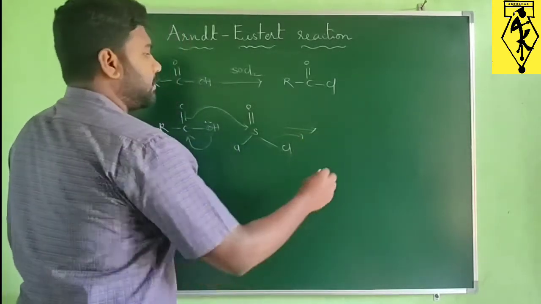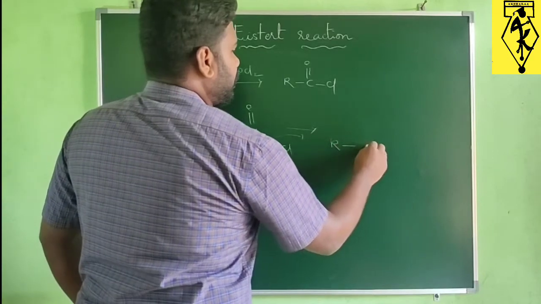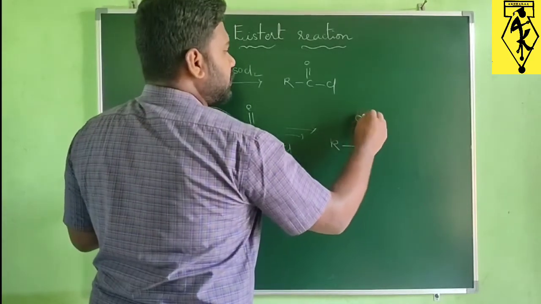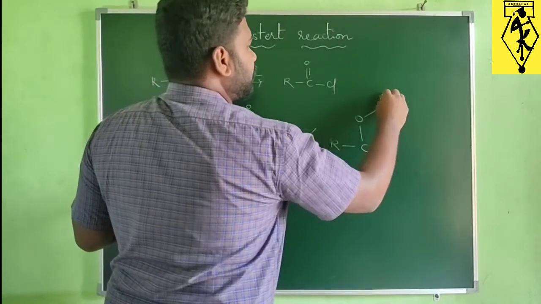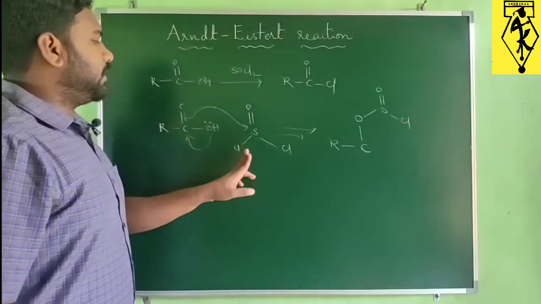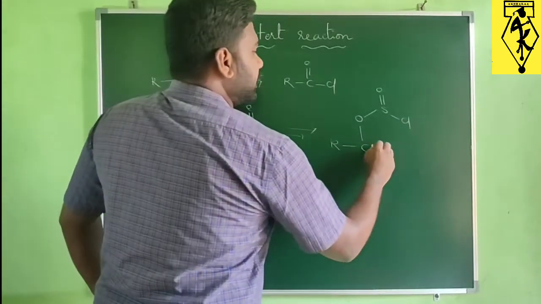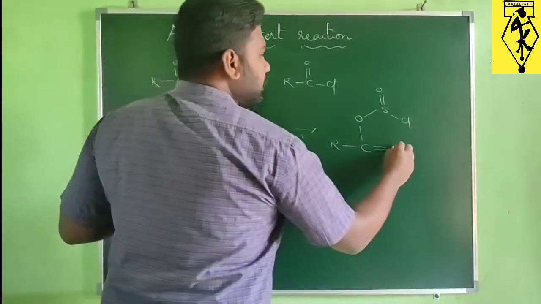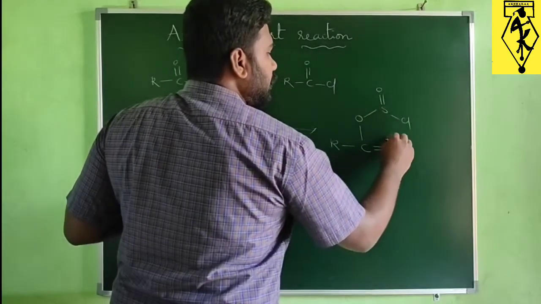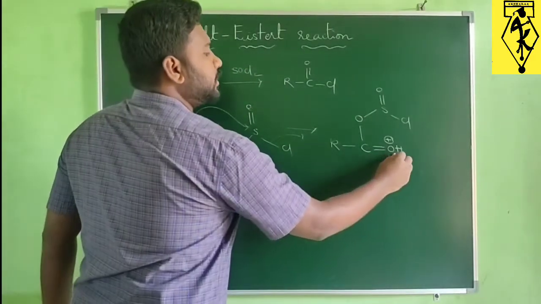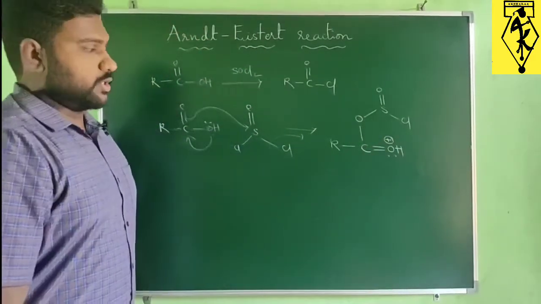It will result in an R-C single bond to oxygen that is connected to sulfur, and sulfur lost one chlorine, so only one chlorine is left. Here, because of the delocalization of oxygen, a double bond will form, and OH plus here, because of losing one lone pair on oxygen we are going to get a positive charge.